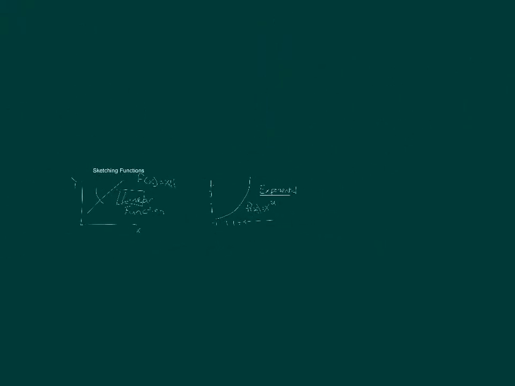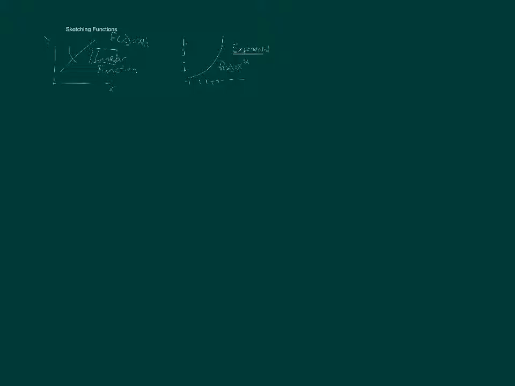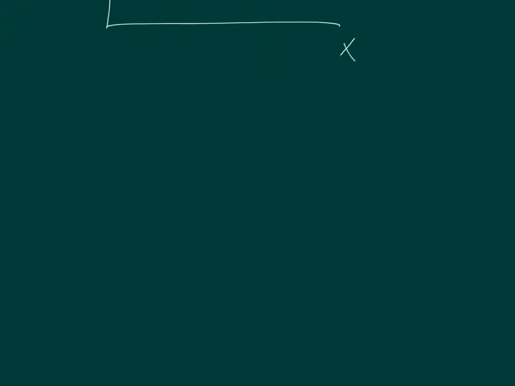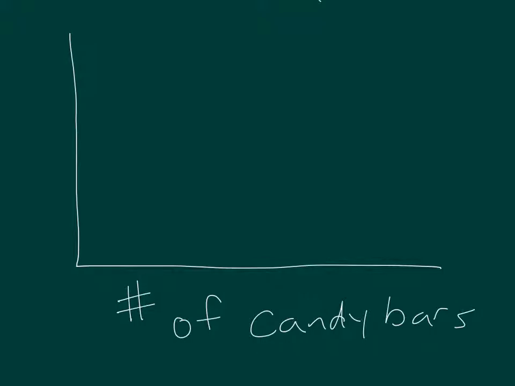Now let's look at some real-life examples. Functions are something that are pretty easy to represent real-life examples. So let's take a look at this one. If I want to graph number of candy bars someone would buy for a certain price.